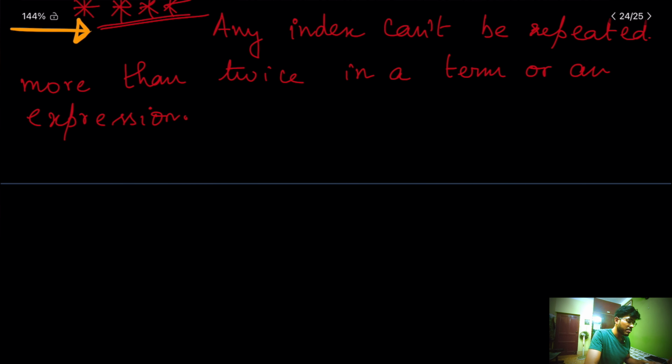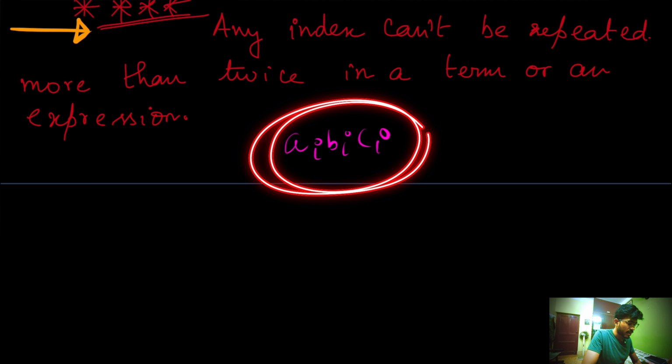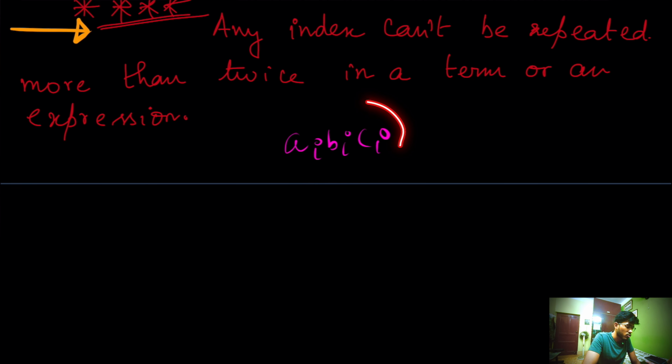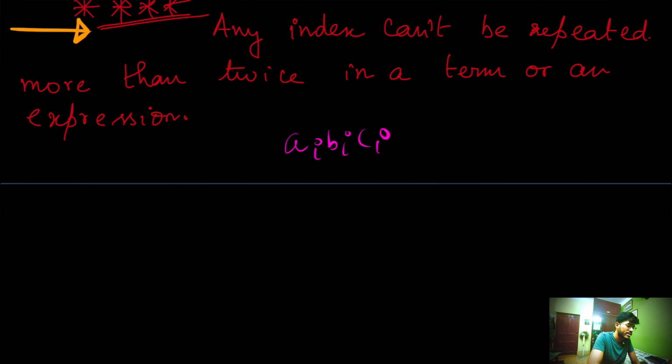So what do we mean by that? That is, if I am writing AI, BI, CI, it is wrong. There is nothing called AI, BI, CI. So it can denote nothing. It is mathematically incorrect. Yes, if you write explicitly AI, BI, CI summation of I from 1 to 3, then it has some meaning.